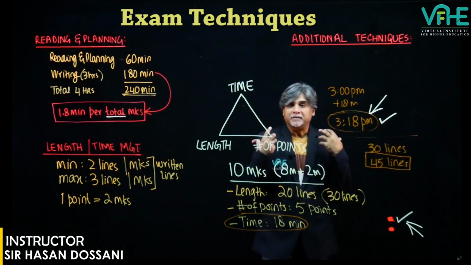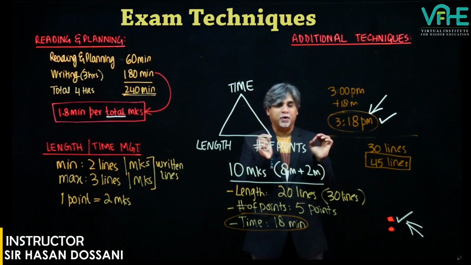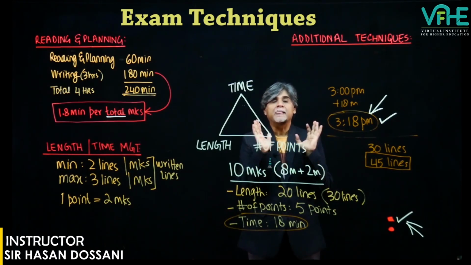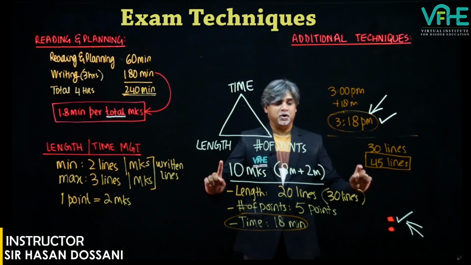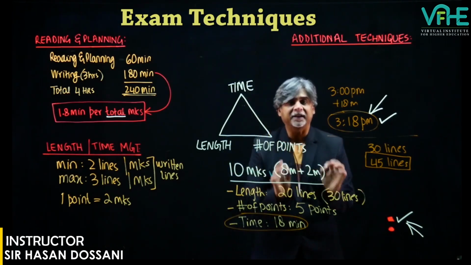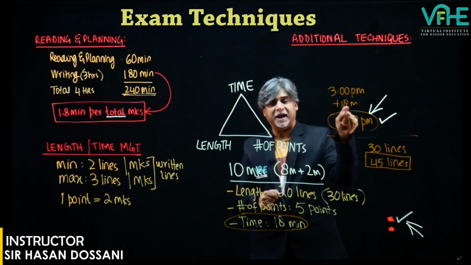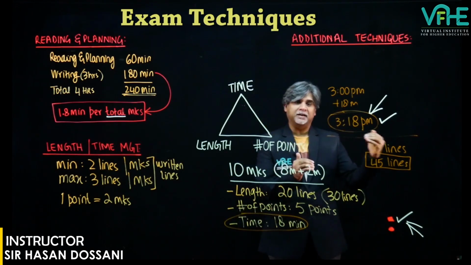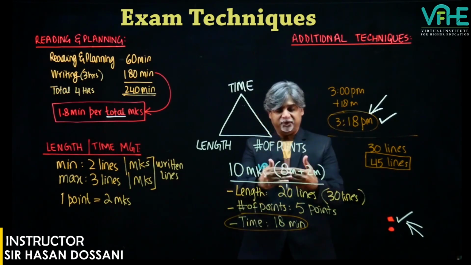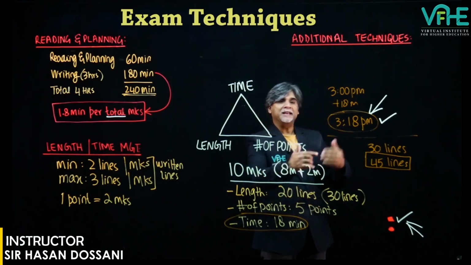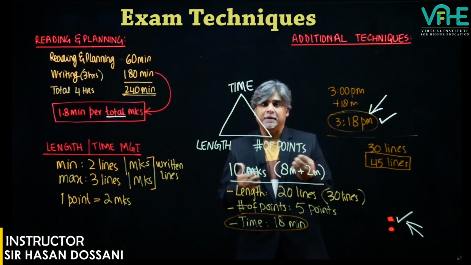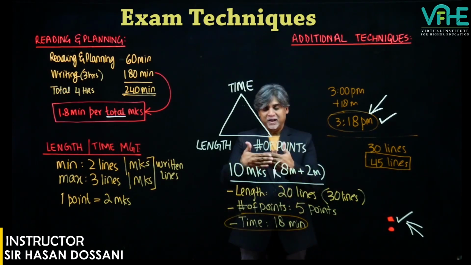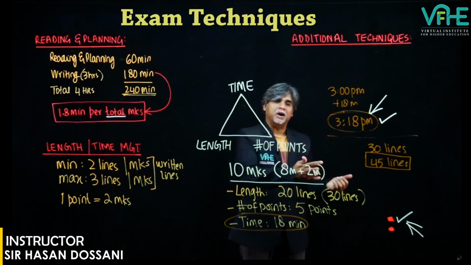Please trust me, there were few students who followed this technique. None of their answers were complete, because they stopped writing as soon as they reached their time mark and they started the next question. Of course, they left few lines in case that in the end, if they are left with some time, they can come back and complete. And that's why they left some lines, 5 lines, 7 lines, and move on to the next part.